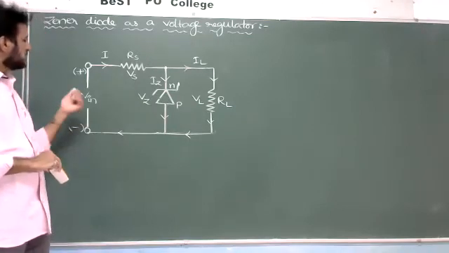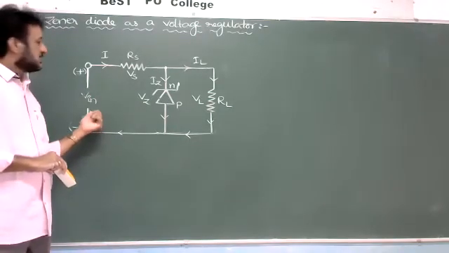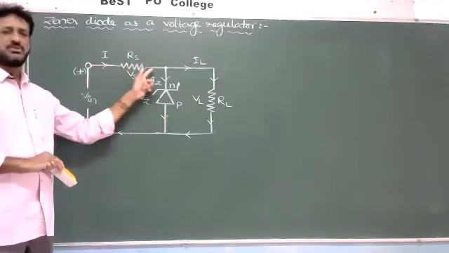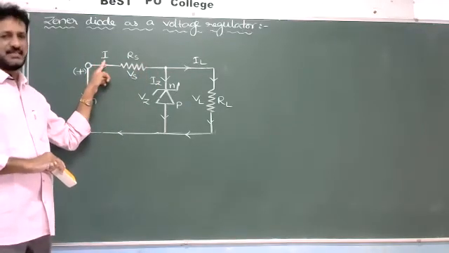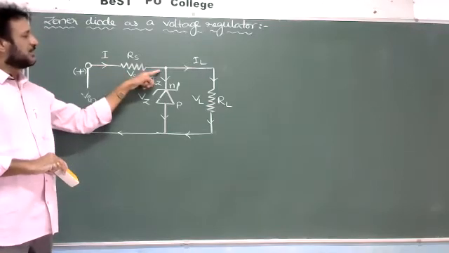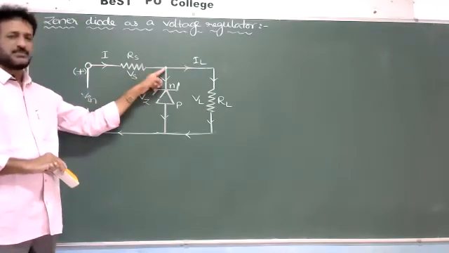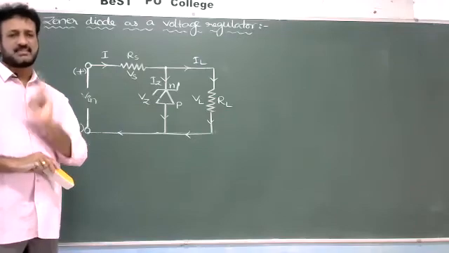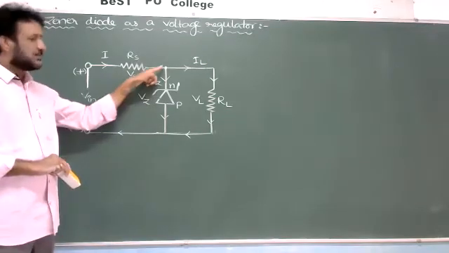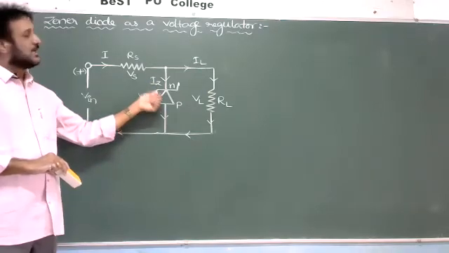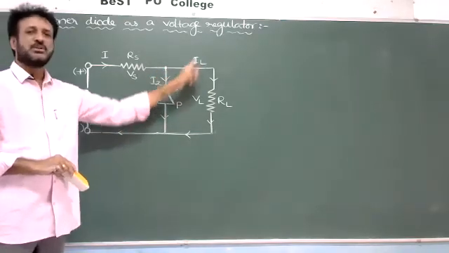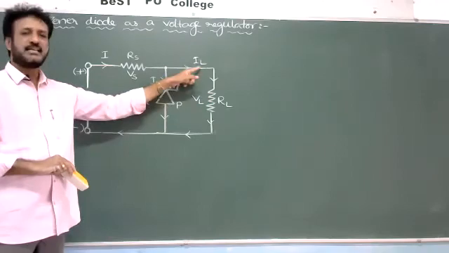First, if you switch on this input source, some current passes through the circuit. The total current through the circuit is I. After flowing through RS, it is divided into two branches. Some of the current flows through the Zener diode, that is IZ, and the remaining current flows through the load resistance, that is IL.